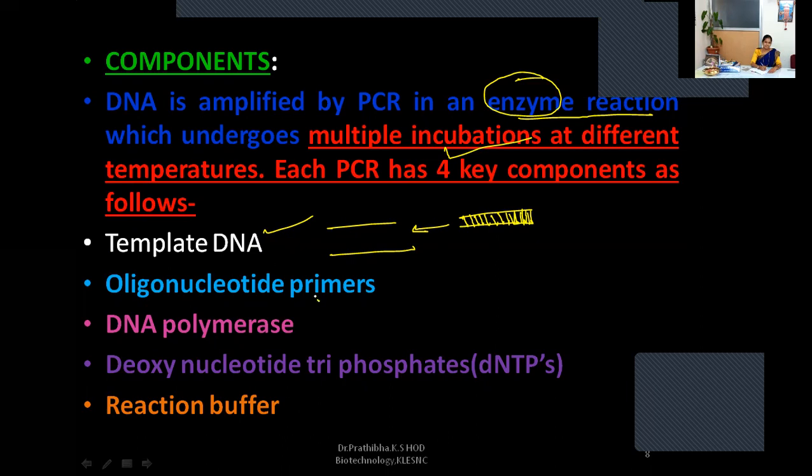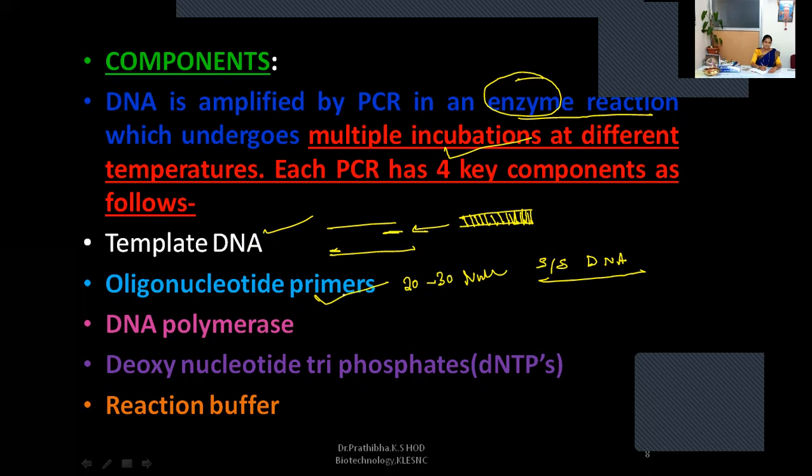Then the next one is oligonucleotide primers. These oligonucleotide primers are 20 to 30 nucleotides long, single stranded DNA, complementary to the ends of the target DNA.